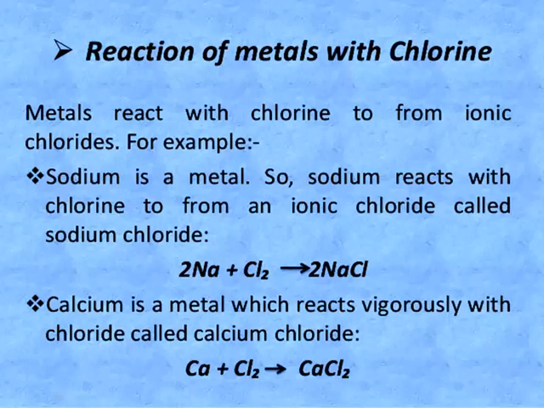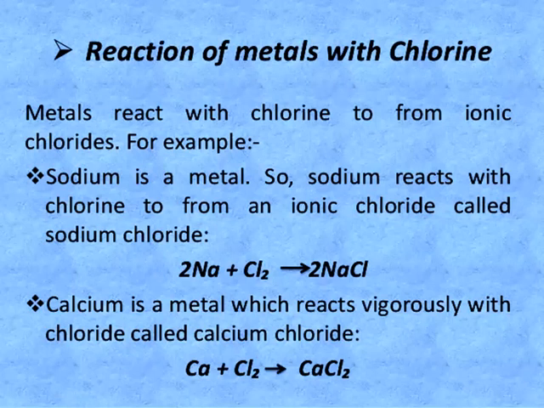Metals also react with chlorine, that is a non-metal. Metals react with chlorine to form metallic chlorides. These metallic chlorides are ionic chlorides.